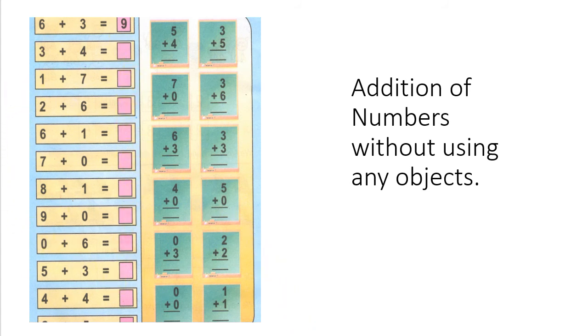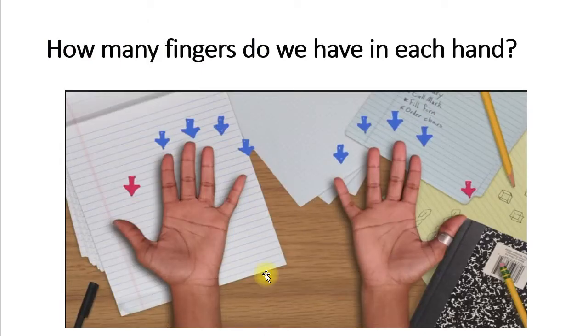For this, if you use your fingers, you can solve it. Now count how many fingers you have in each hand, starting from this red point from your thumb. 1 2 3 4 5. You have 5 fingers in each hand.